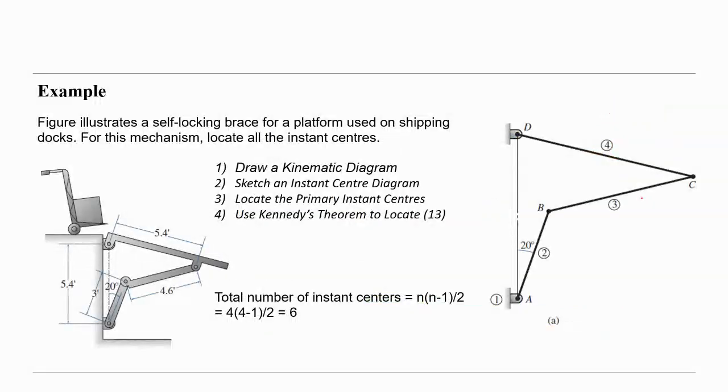So let's have an example and see what we are talking about. The figure illustrates a self-locking brace for a platform used on shipping docks. For this mechanism, locate all the instance centers.